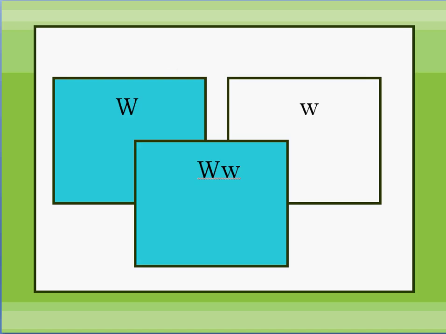With my paper analogy, it's kind of like having the dominant blue piece of paper and a recessive or a clear piece of paper. If I stack a clear piece of paper on top of the colored blue paper, what you still see is the blue color shine through. So here the genotype would be capital W, lowercase w, and the phenotype of what you see is still the blue piece of paper or the dominant trait.